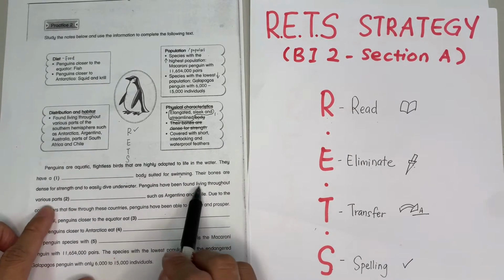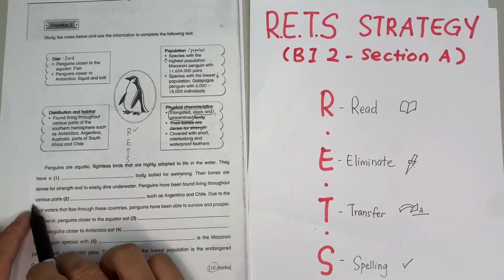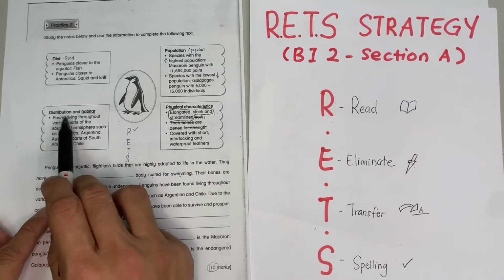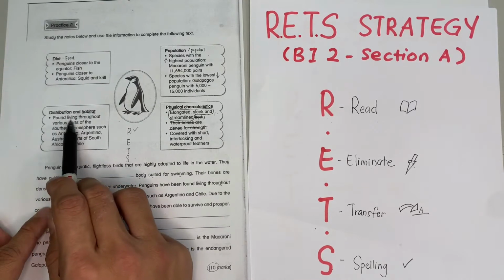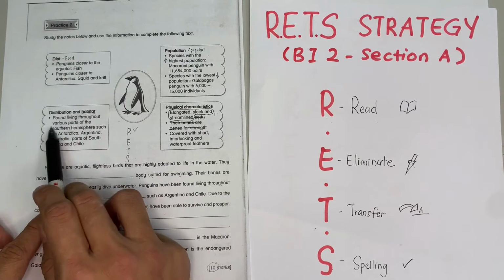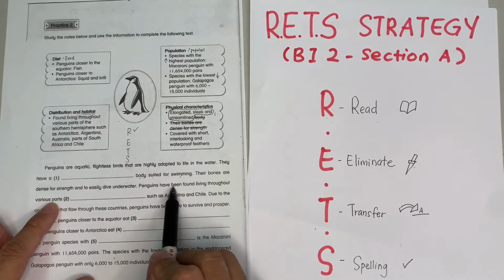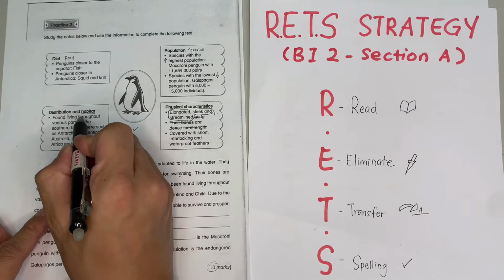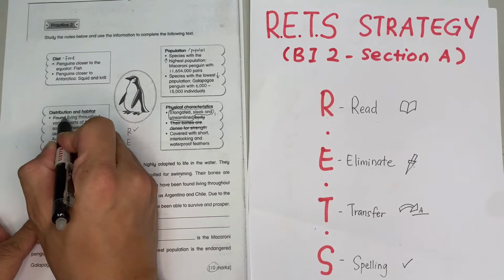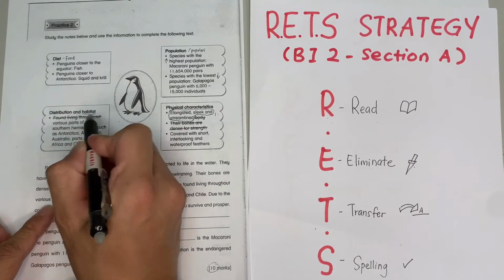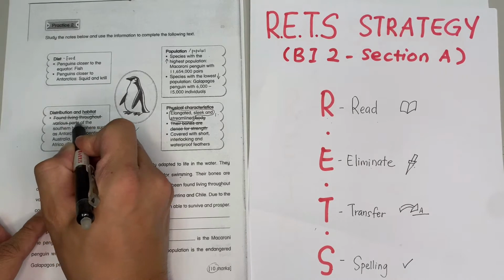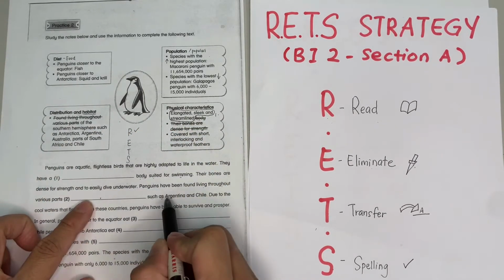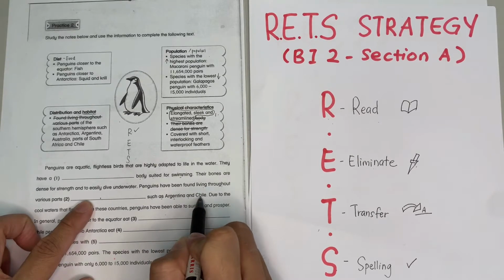Next, penguins have been found living throughout various parts. Living, the word found living throughout various parts. So where are we now? Do you find the word living? Yes, found living throughout various parts. Is it the same? Yes. So we are going to eliminate found living throughout various parts. Blank, such as Argentina and Chile.